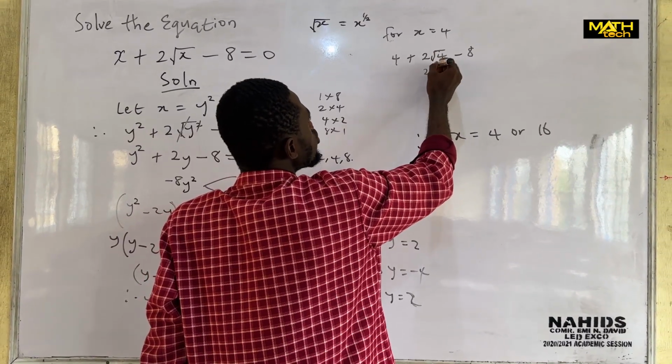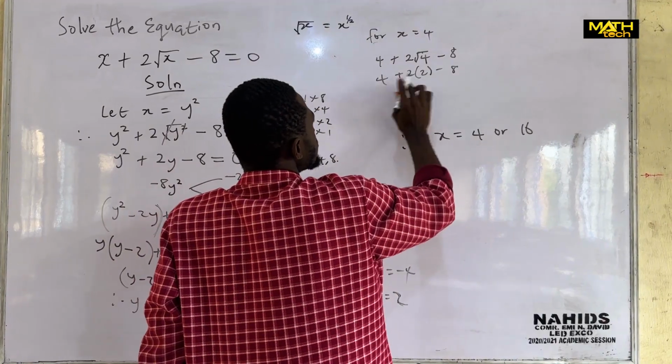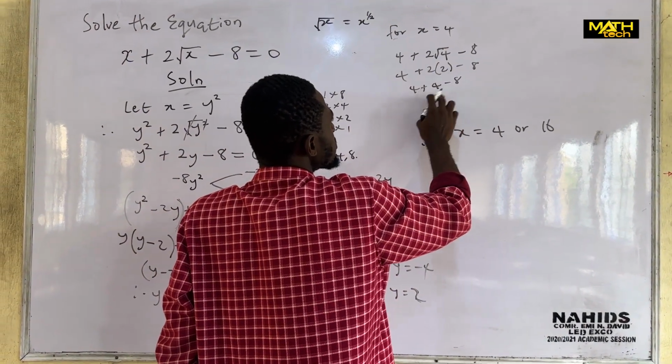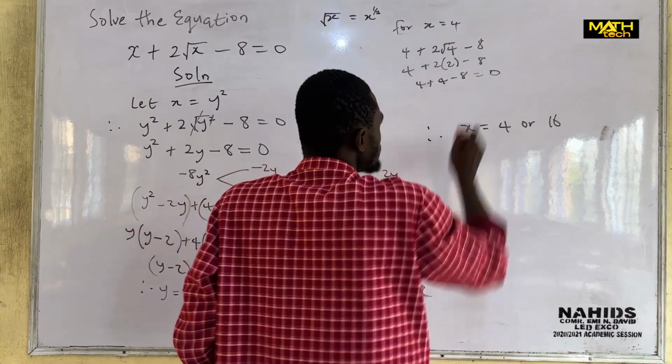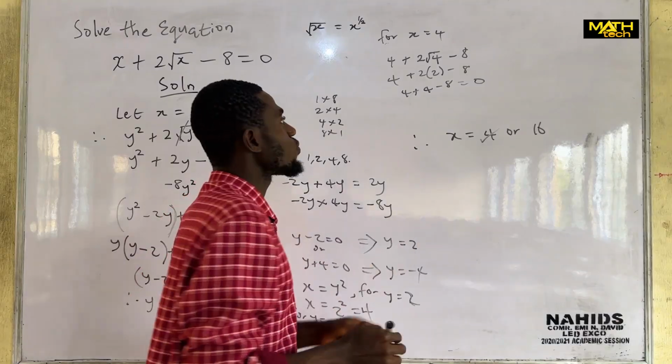So here we'll be having 2 times 2, and this is 4, plus 4 minus 8. 4 plus 4 is what? 8. 8 minus 8 is what? 0. So it is correct for x equal to 4.